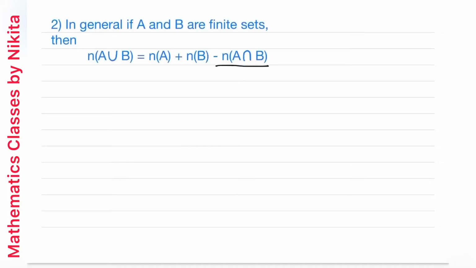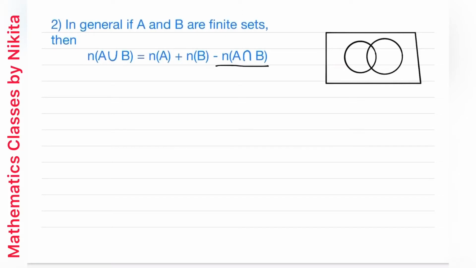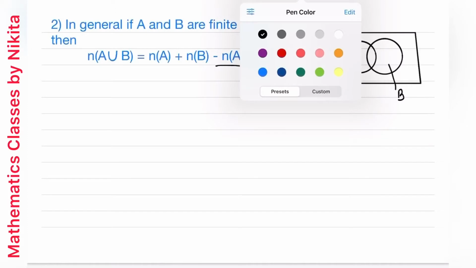Now let's see the Venn diagram first of all. This is your A, this is your B, and this is your U. Now see one thing.